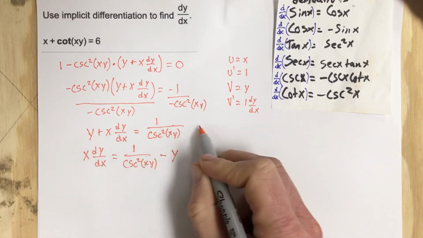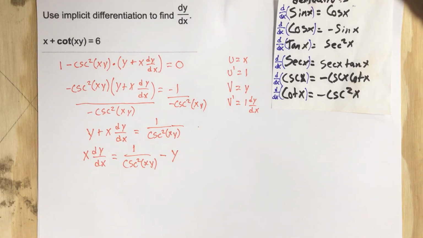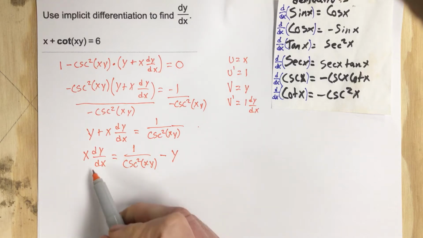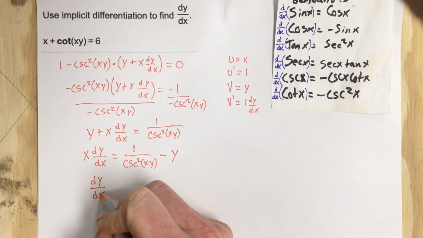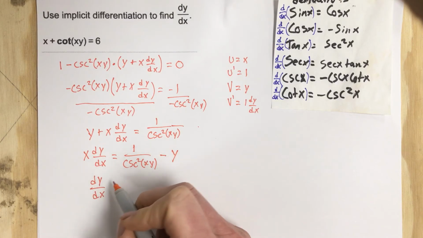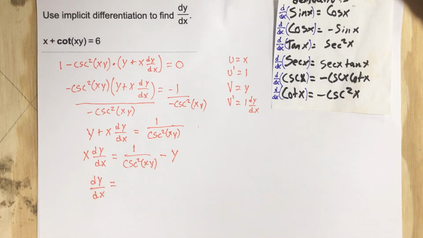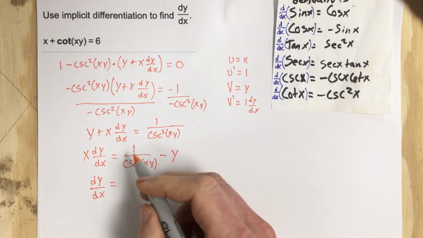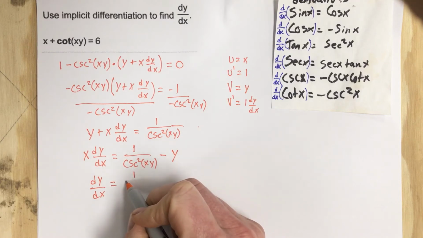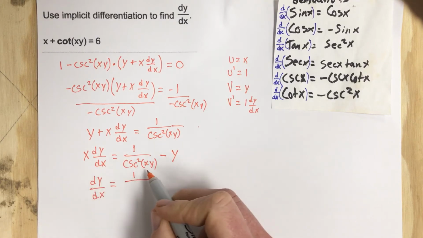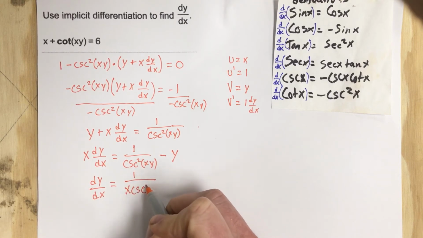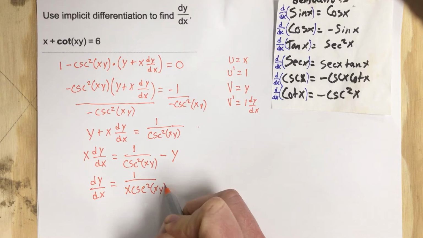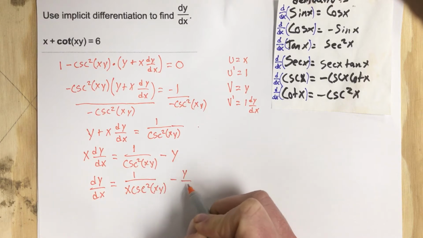Let's subtract the y from each side. Finally, I need to divide by x, so I get dy over dx equals, I'm dividing by x from each piece. So 1 over x cosecant squared xy minus y over x.